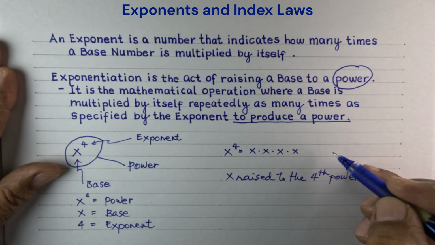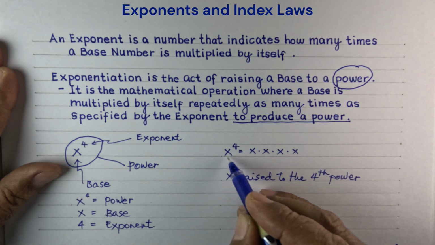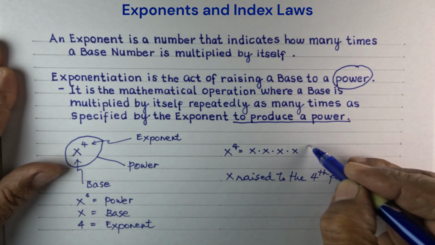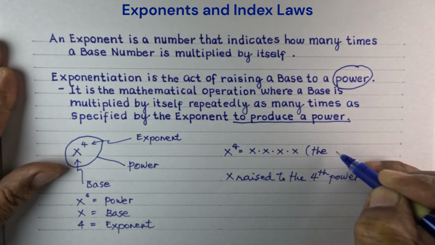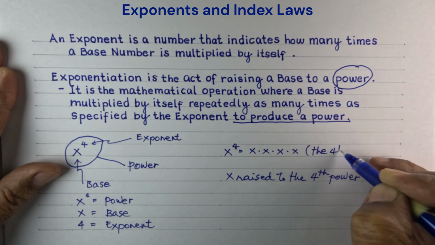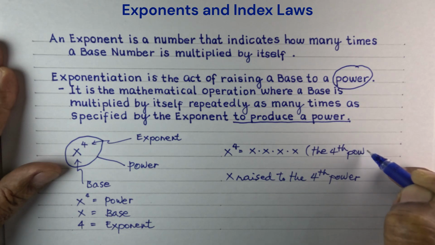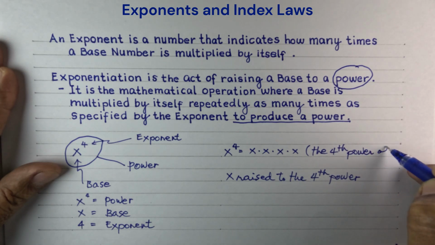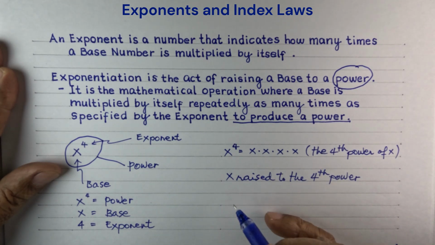So that power is specifically called the fourth power of the base x, or simply, specifically, the fourth power of x.